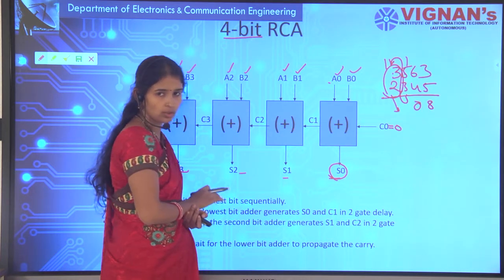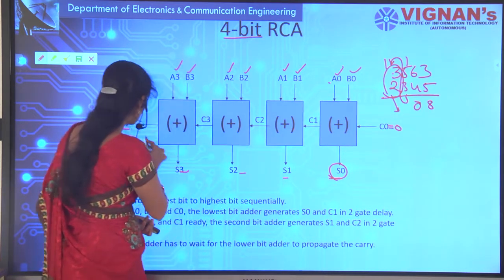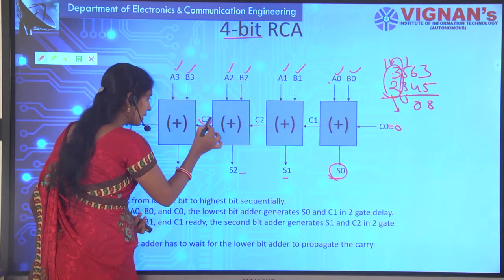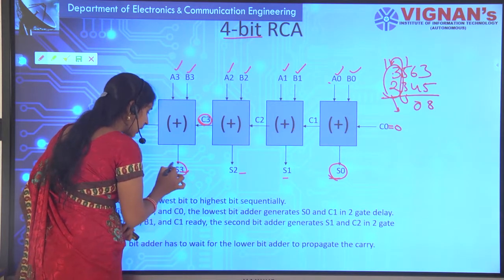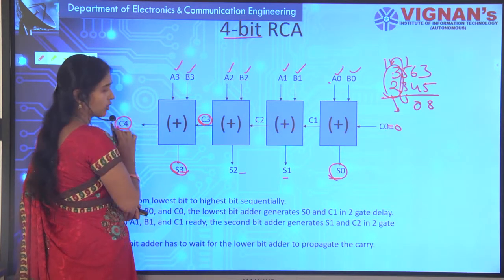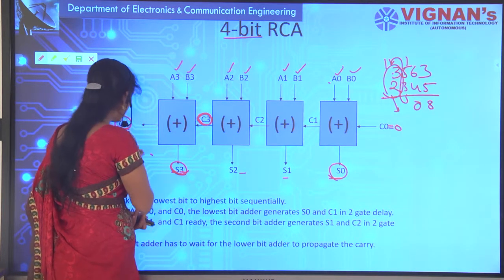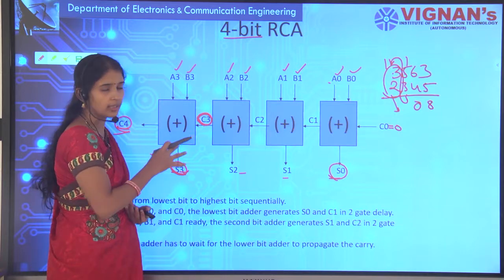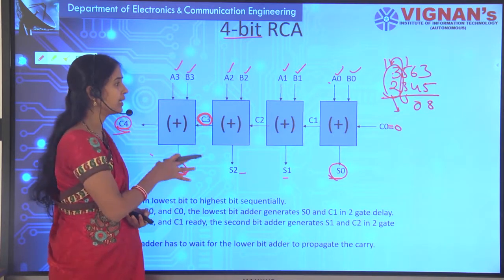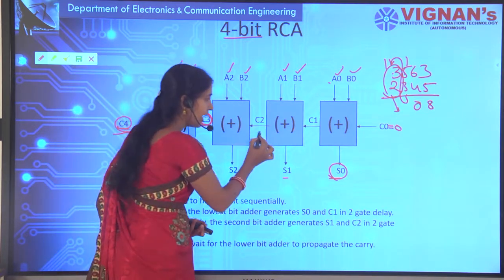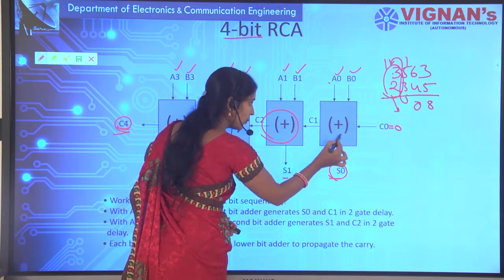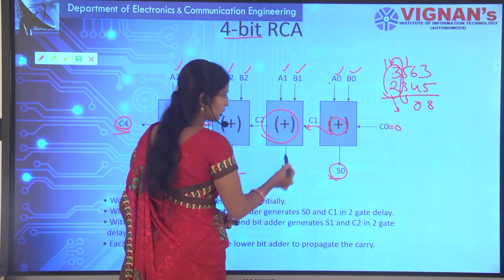Similarly, here also, until you get the carry over here, you cannot get S3 as well as C4. Until you get C3, you cannot get S3 and C4. That is the main drawback of this ripple carry adder. So it has to wait for carry 1 to be generated from this circuit.